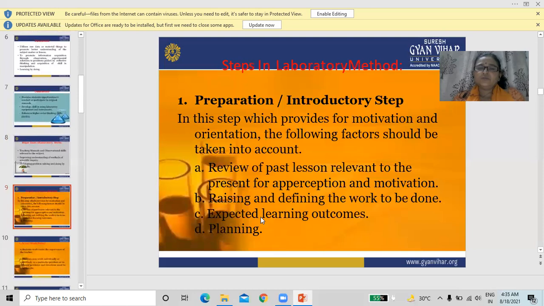First one is review of past lesson relevant to the present for appreciation and motivation.